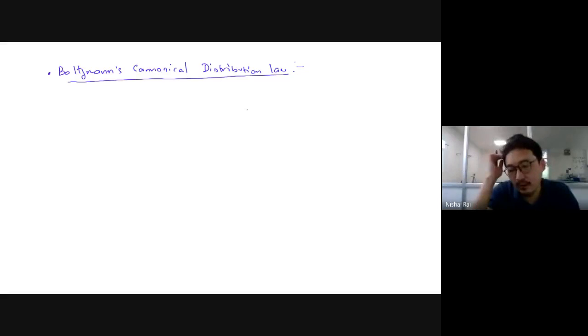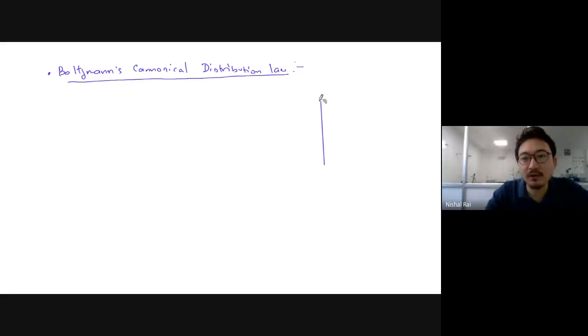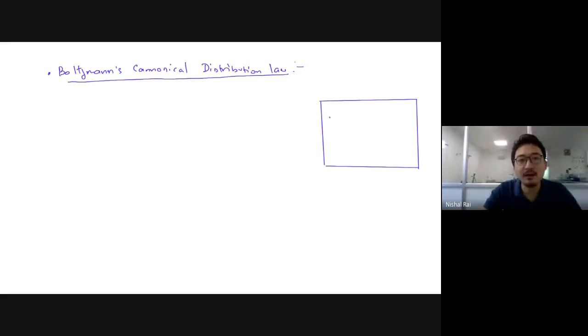Now let's consider, again, the same thing we were doing previously. We have a box and it is divided into small cells. Clear? But over here, they comprise n number of ensembles. And now let's consider a small cell. These are your small cells. Do you all remember the small cells?